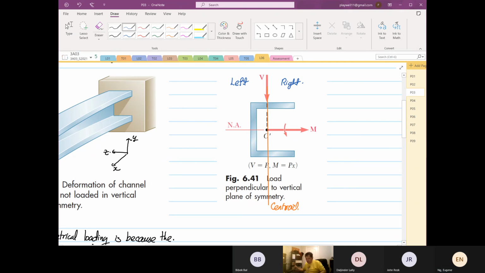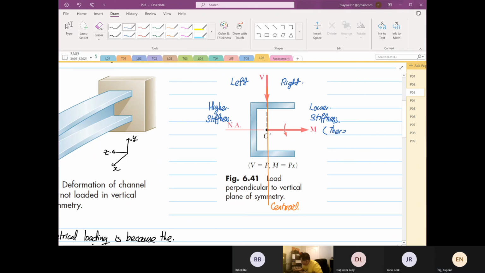You can see the left has a what? Higher stiffness. The right has a what? Lower stiffness.